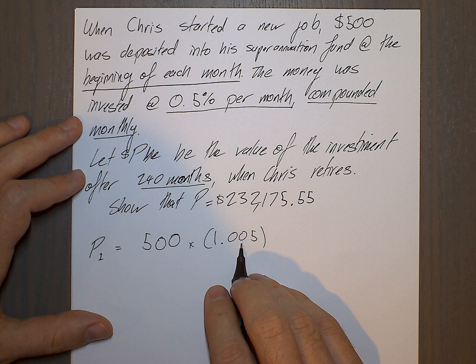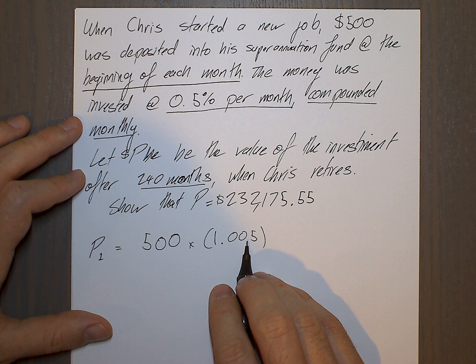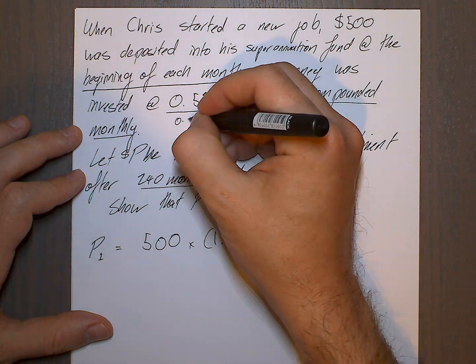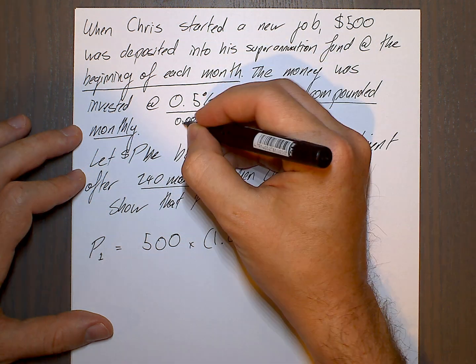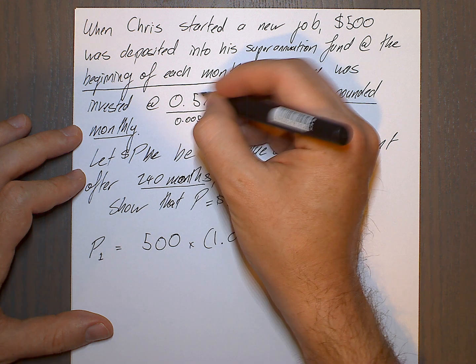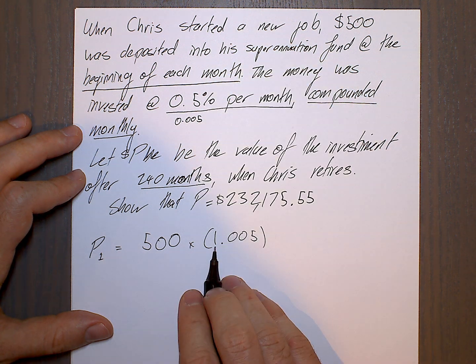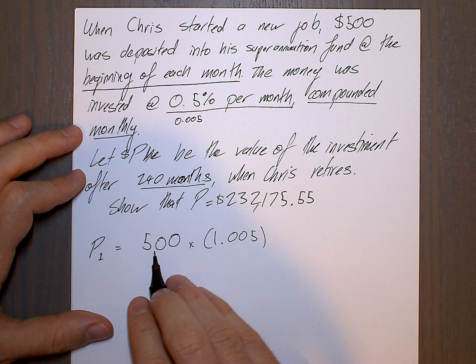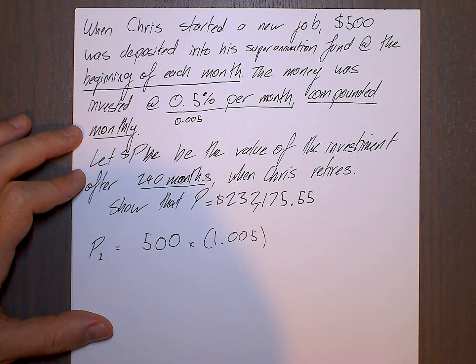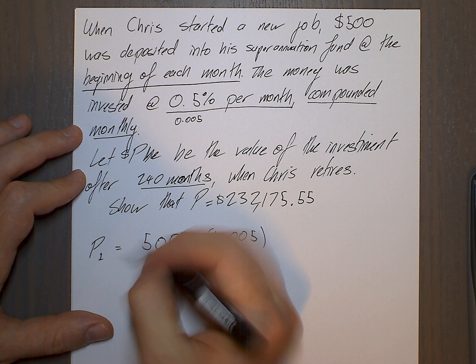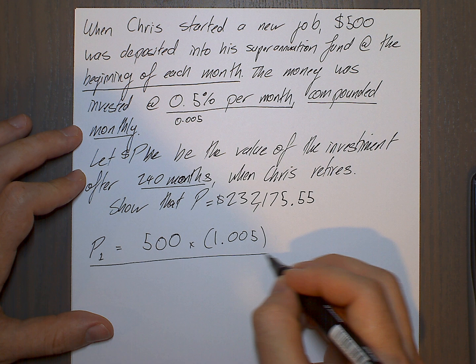Just to make sure, that is 0.5%, so written as a decimal this would be 0.005, not 0.05. It's not 5%, it's 0.5%, so it's going down further. Written with the 100%, which accumulates it, it's going to go up. And because they're putting it at the beginning of the month, we need to do this. Sorry, that's very important.